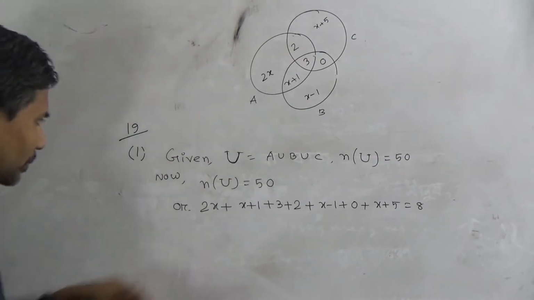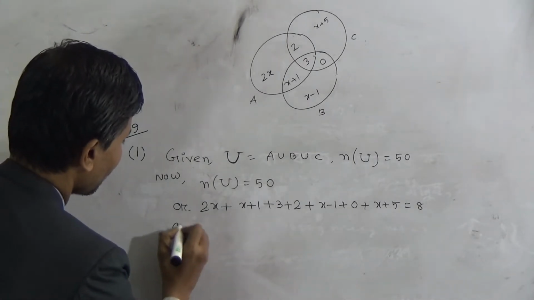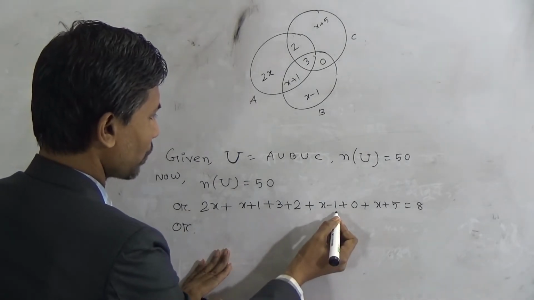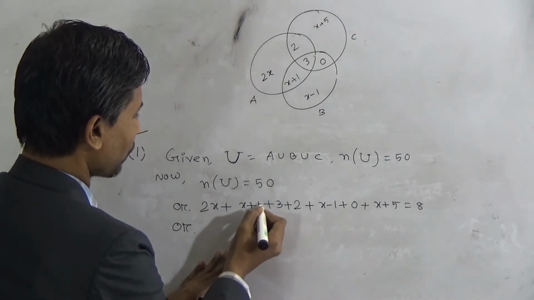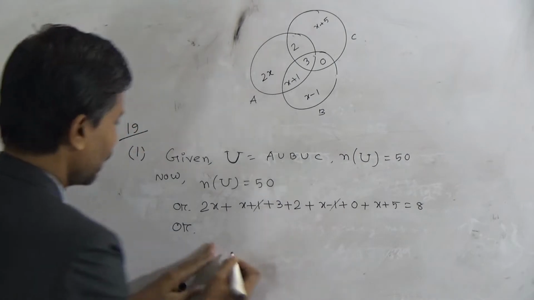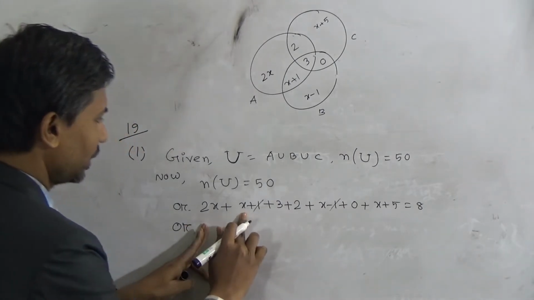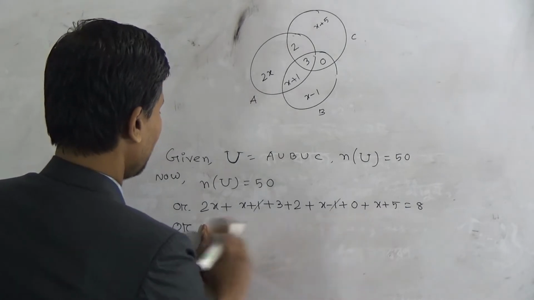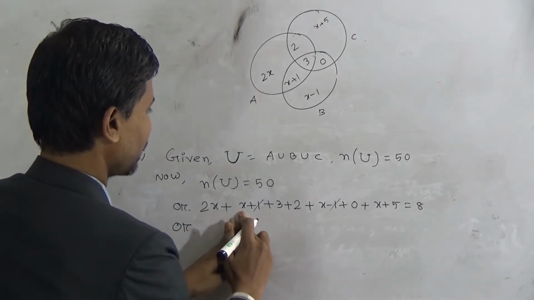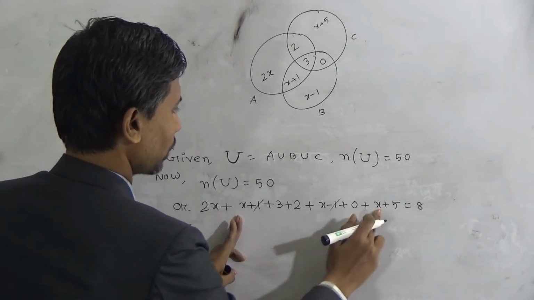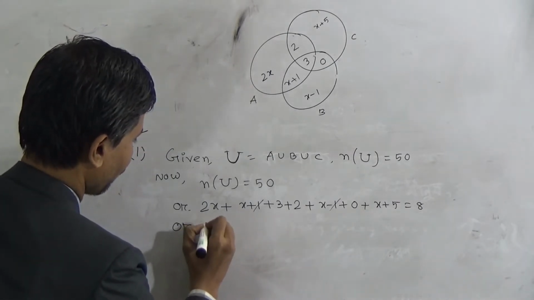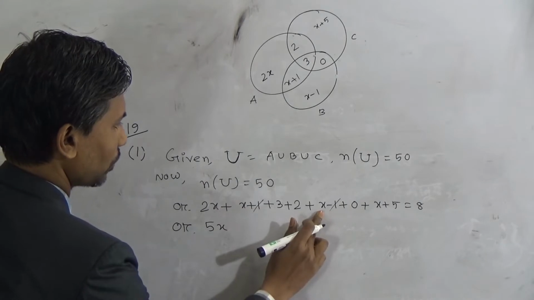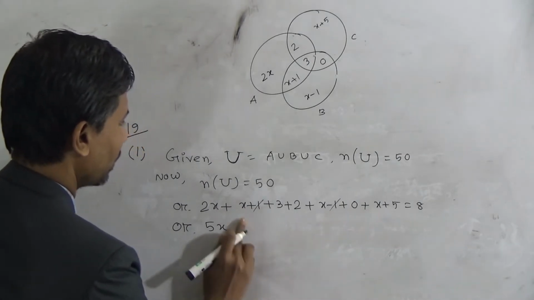Okay, student. Now look, we have to simplify this. You see, this is minus 1 and this is plus 1, so we can cancel them. Then 2x plus 1x, 3x plus 1x, 4x plus 1x, 5x.